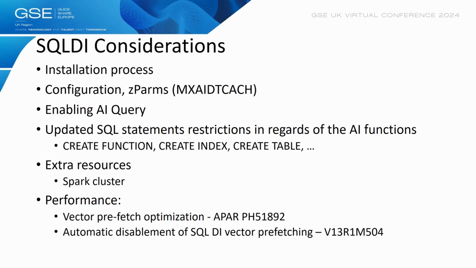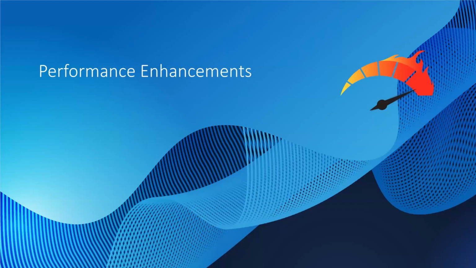And at the bottom, I list some performance improvements I'm aware of. There was this APAR, and also in 504 they have some prefetching enhancements. So again, there are some good sessions around. So if you are interested, make sure you visit them or see them.